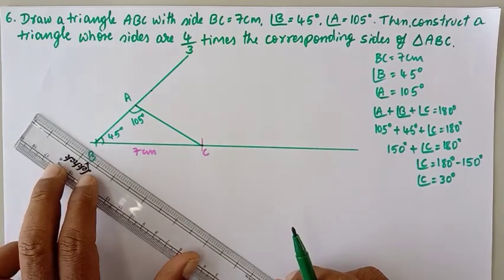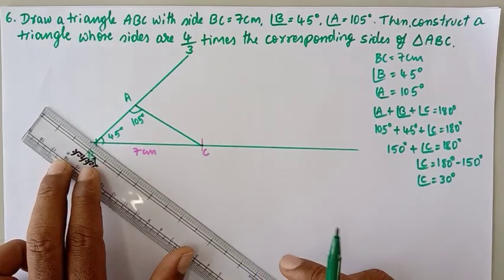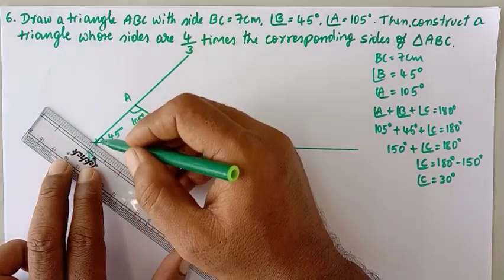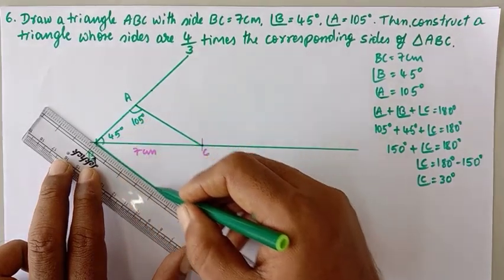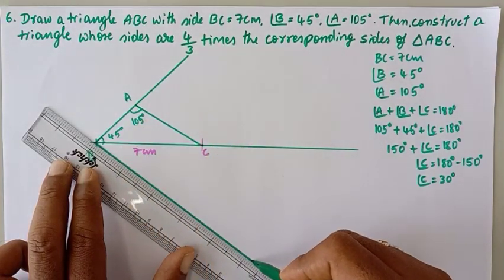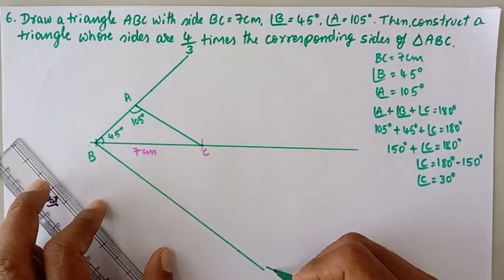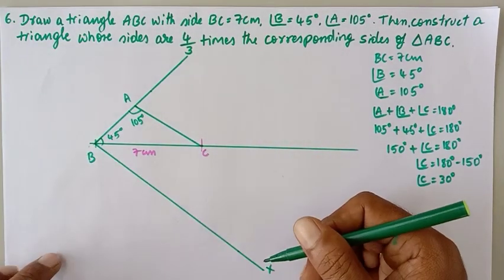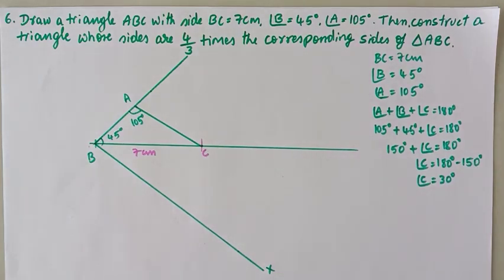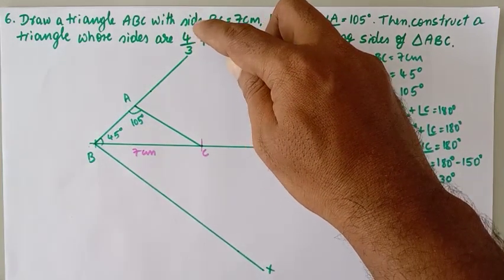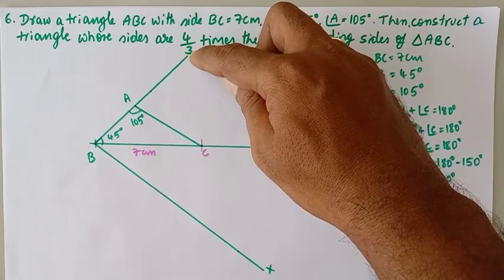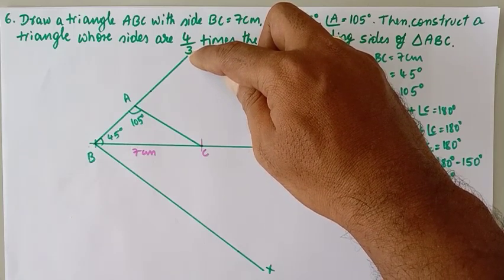Now I will be drawing a line which forms an acute angle with the line BC, and let me name it as BX, and I will divide it into 4 equal parts. As the numerator is 4 whereas the denominator is 3, we can't divide it into 3 parts.